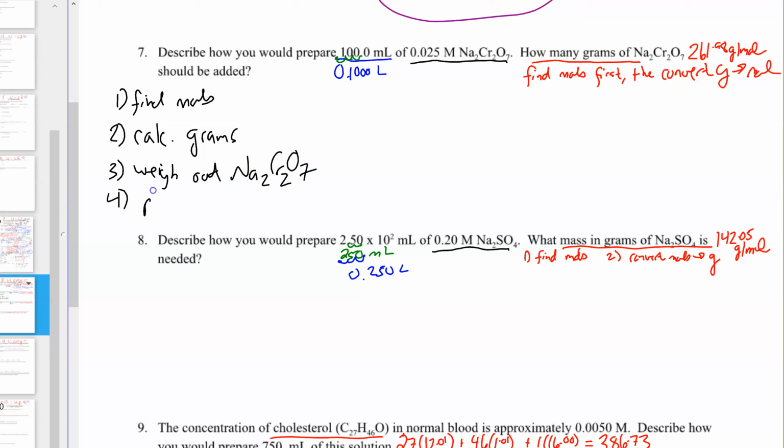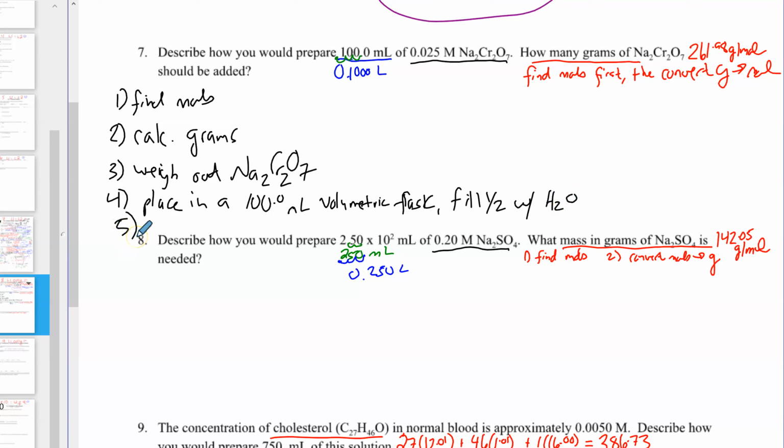Number 4, we're going to place it in a 100.0 milliliter volumetric flask. Then we're going to fill it halfway with water.